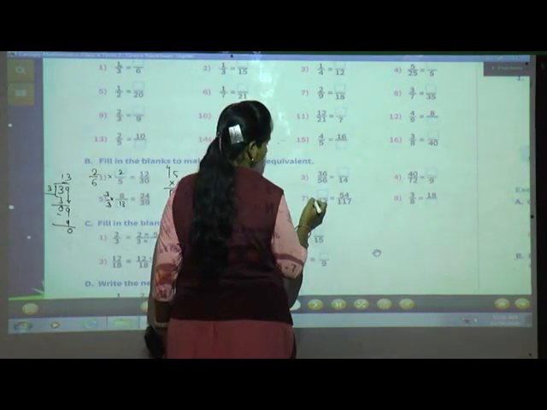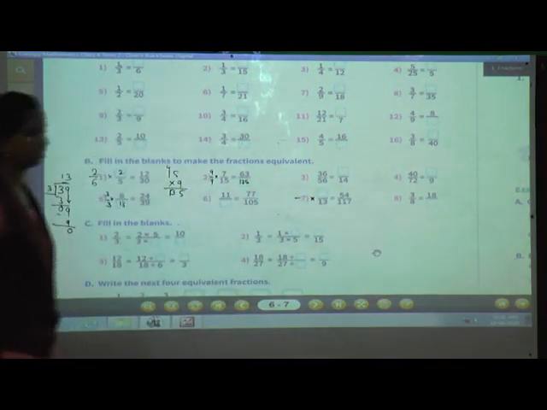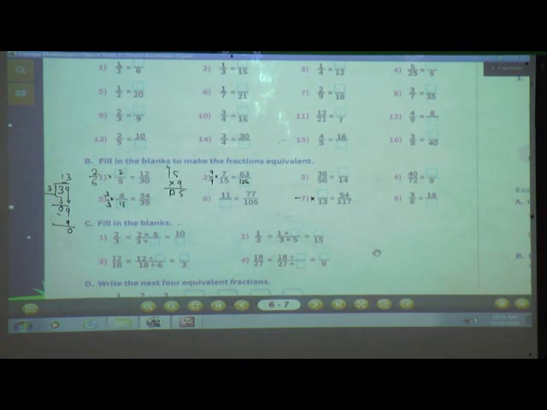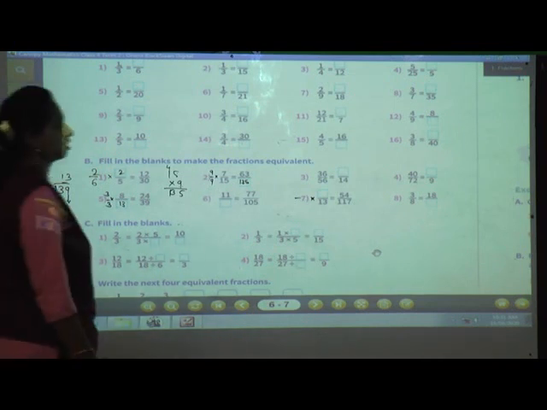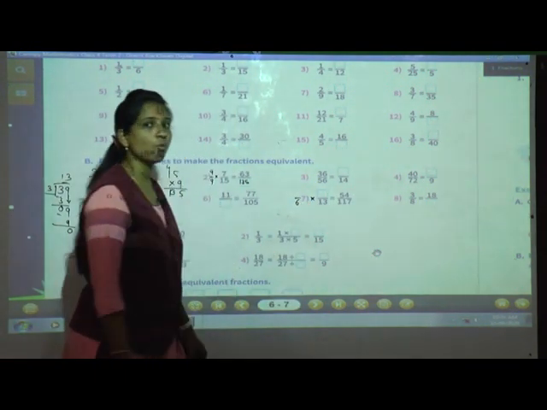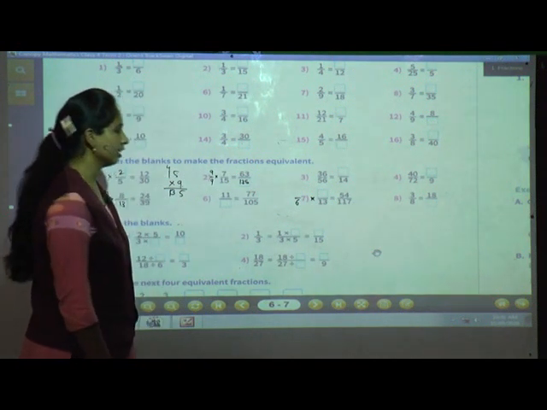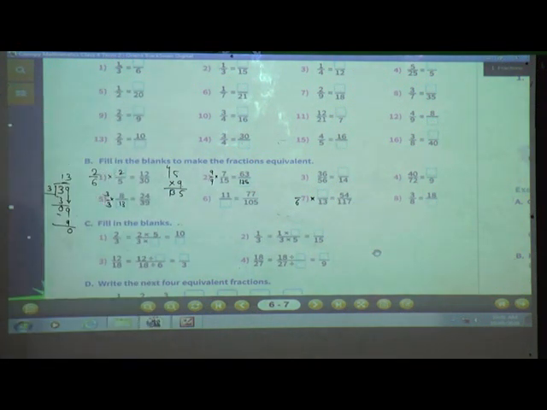Now we will see the 7th one example. See? Which number if we multiply with 13 we will get 117 students? Do you know this 13 table? 13 6s are 117, isn't it? Correct? Try everyone.